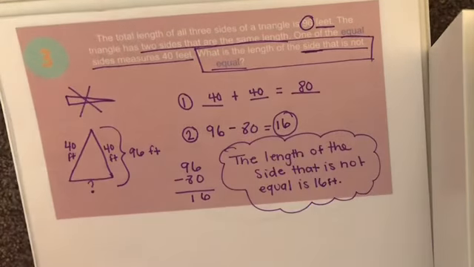Okay, so really quickly. So in all three problems, I annotated my question. Step one was to always annotate my question. Step two was to come up with number sentences that went along with my word problems.